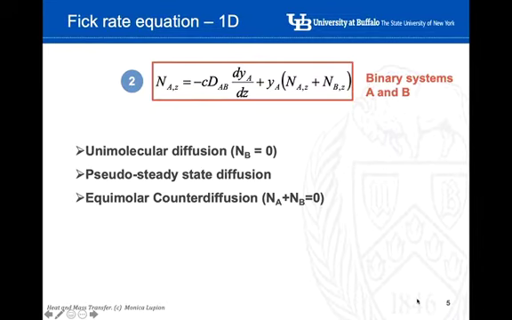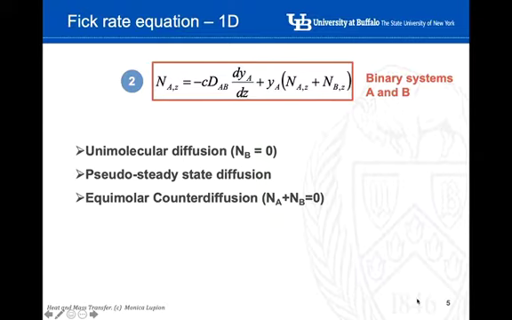What about equation number 2? Again, in previous lectures, we covered 3 different cases. And in the case of unsteady state, it would be exactly the same. First, when there is unimolecular diffusion, that is when one of the elements is stagnant, that is, it doesn't diffuse. Second case is the steady state diffusion when there is, let's say, a boundary condition that is moving.